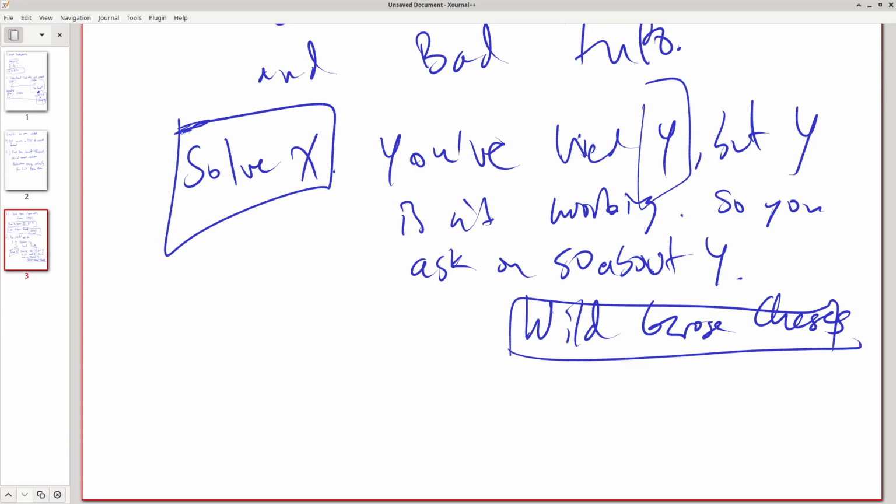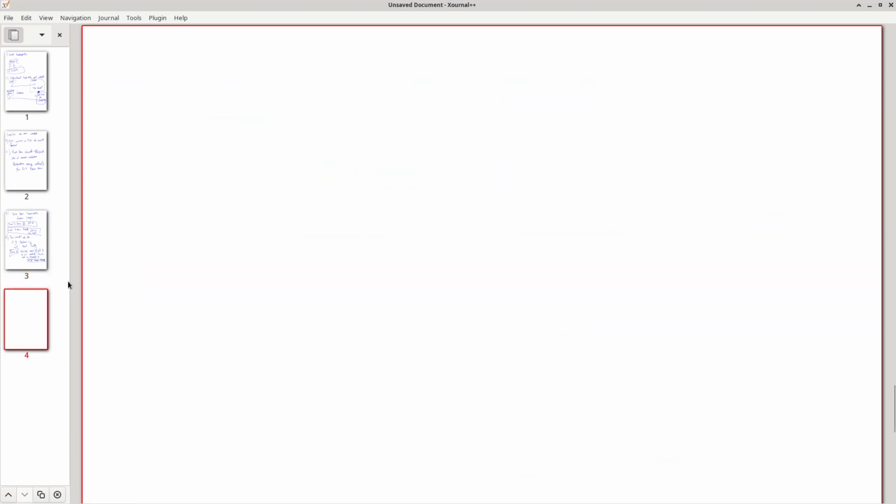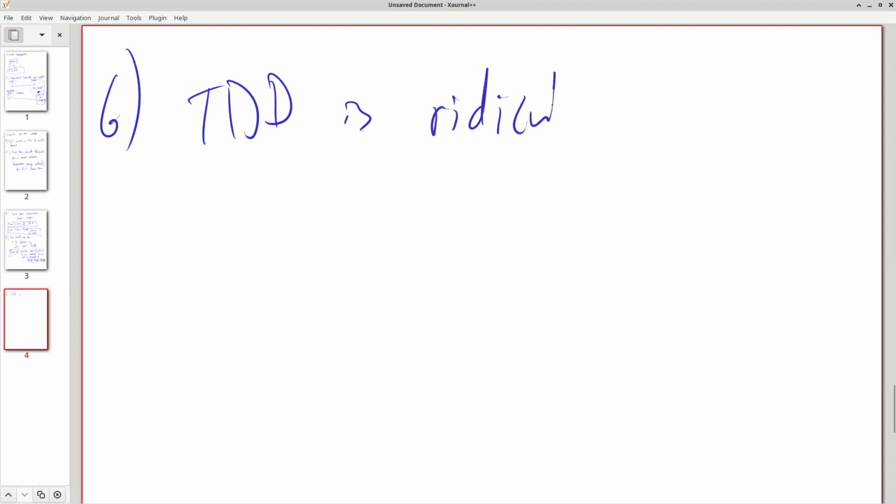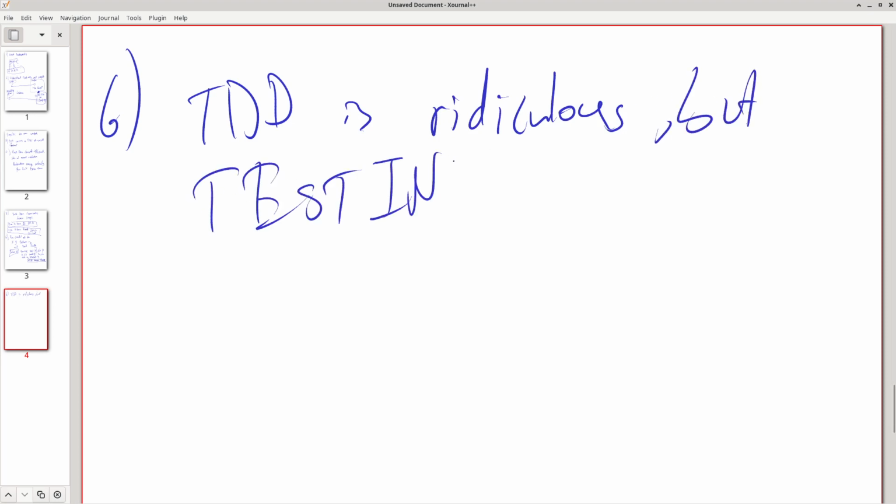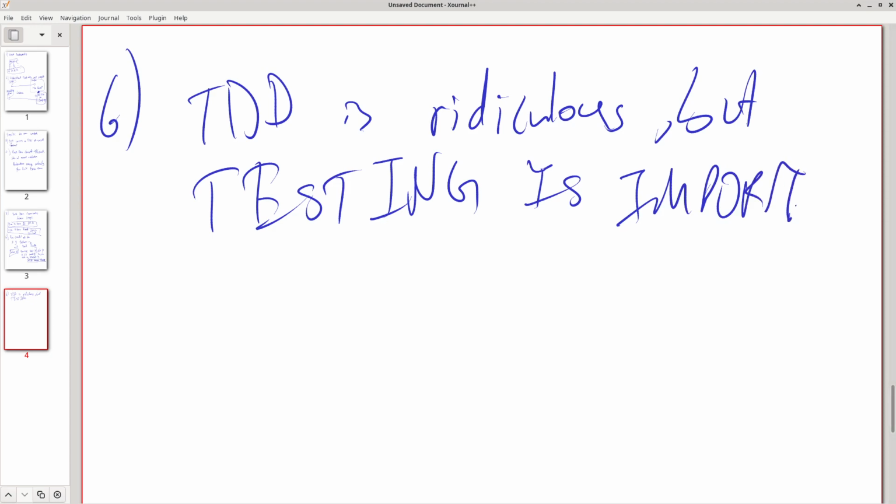And our final tip is that test-driven development is ridiculous, but testing is important, and it's easy to neglect. Let me expand a bit on this. What do I mean by test-driven development?